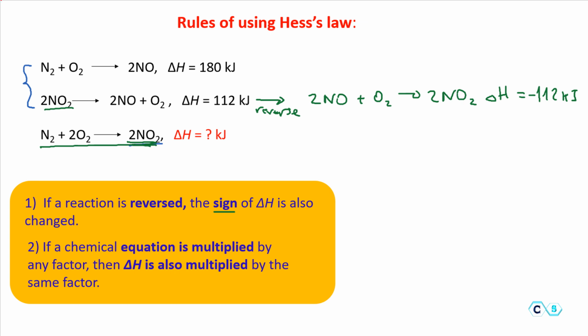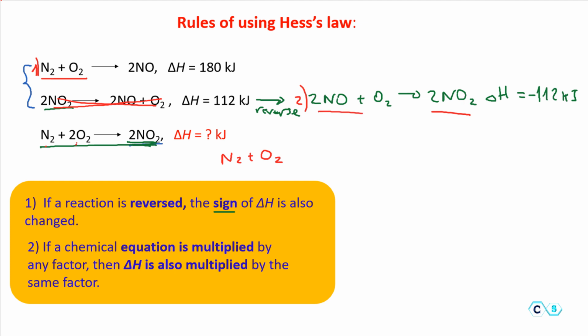So if I add these two reactions together, for a moment we forget about this because we don't need it anymore. So we have 2 reactions. Reaction 1 and reaction 2. So now if I add them together, this will be my product. And what I want in the target is for nitrogen and oxygen to be the reactants, which are reactants here. So let's try to add these 2 reactions together. If I add reaction 1 to reaction 2, what I will have is N2 plus O2, the reactants.